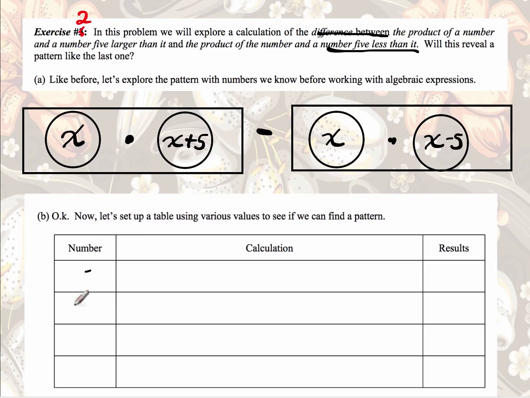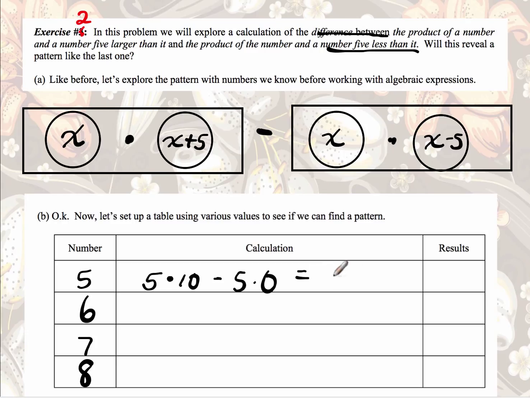I'm going to go with the numbers 5, 6, 7, and 8 again. All right, so the difference between the product of the number, which is 5 times 5 plus 5, which is 10, and now I want to subtract from that the product of the number, 5, and 5 minus 5 is 0.